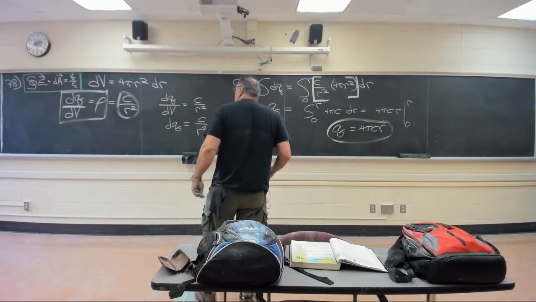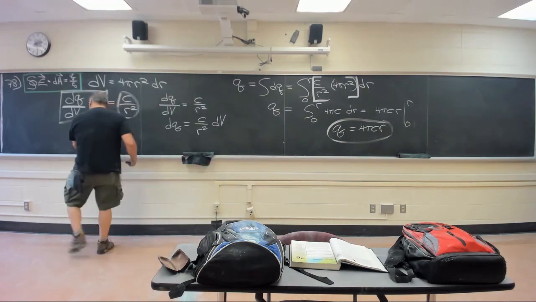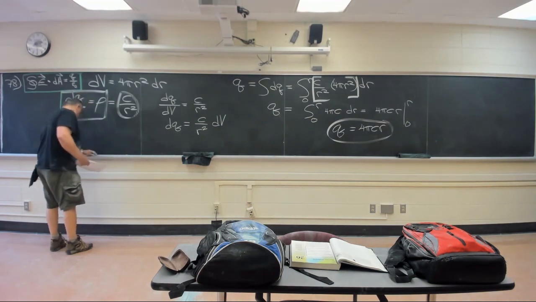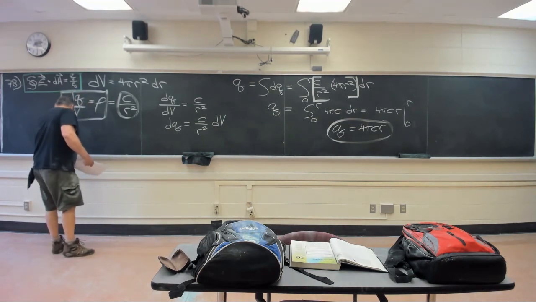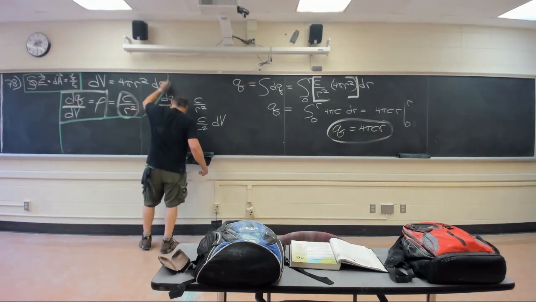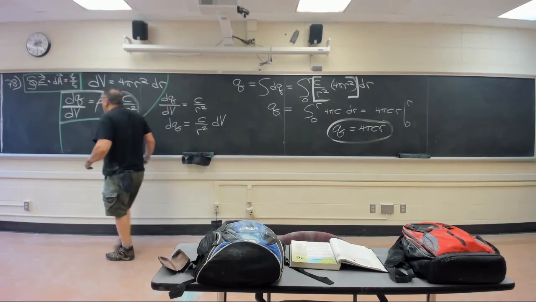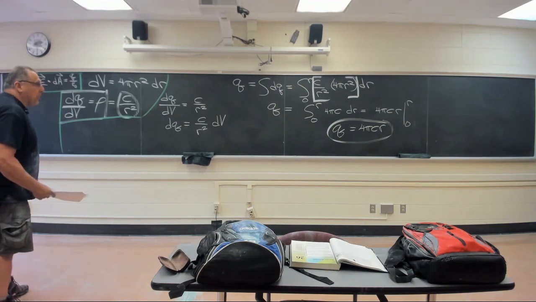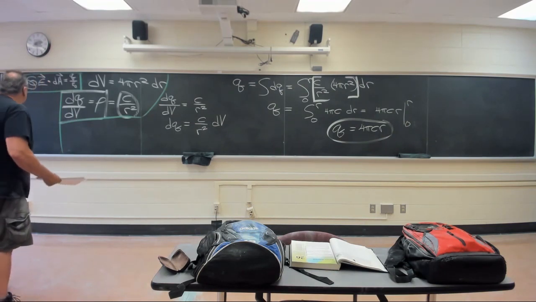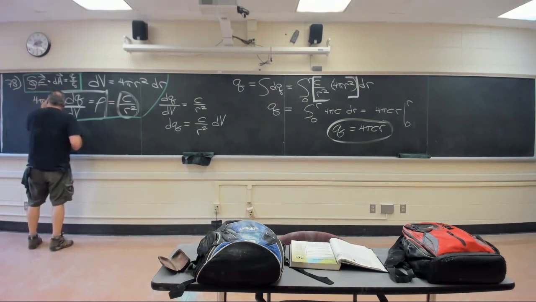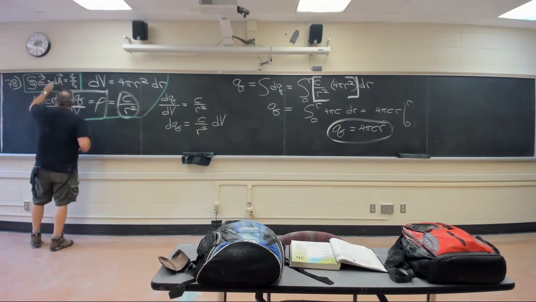Now the E field. Let me navigate myself around here, guys. What do we have? Q equals 4 pi c r. Let's line this whole thing up.